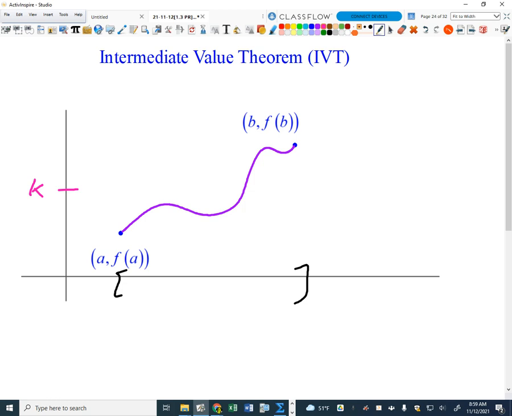If I evaluate the function at a, I get some output. If I evaluate the function at b, I get some output or some y value. So if there is some y value that's in between f of a and f of b, what do you suppose the intermediate value theorem guarantees?